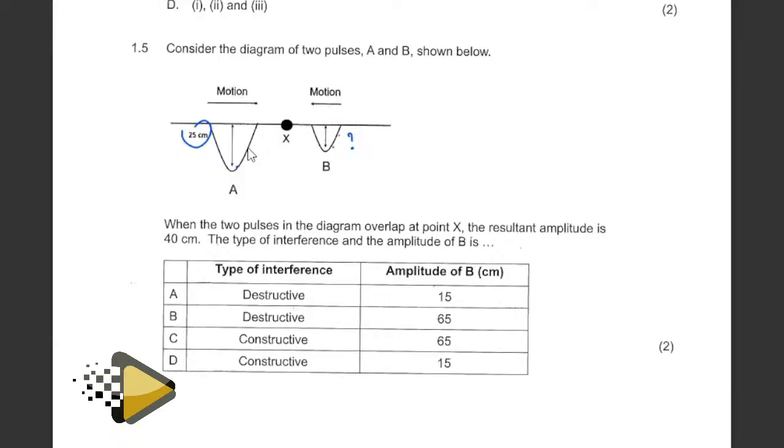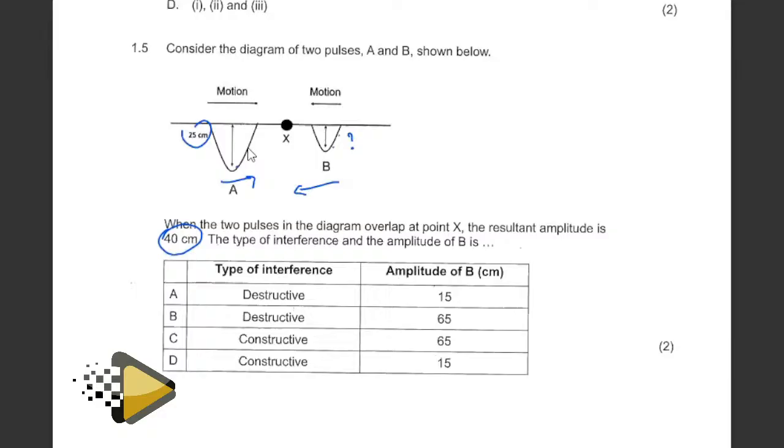Okay, when two pulses in the diagram overlap at point X, which means this A is moving to the right, this one is moving to the left. They're telling us that the resultant amplitude is 40. What is the type of interference and the amplitude?